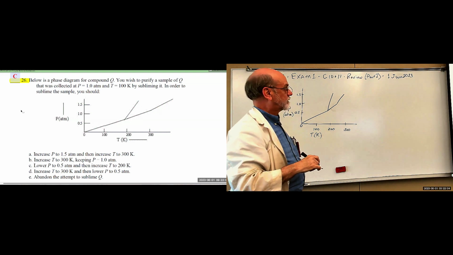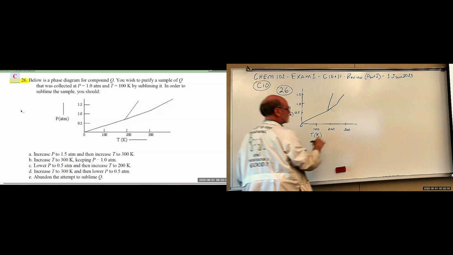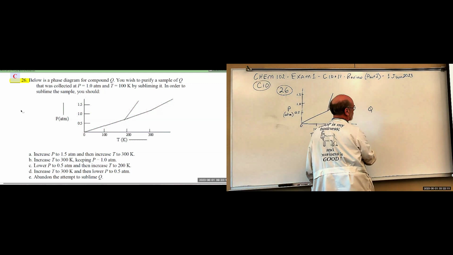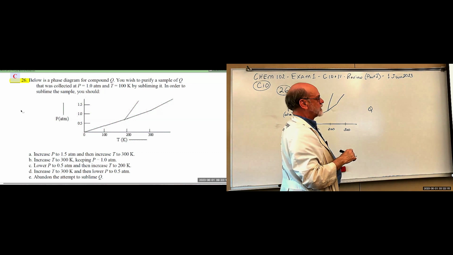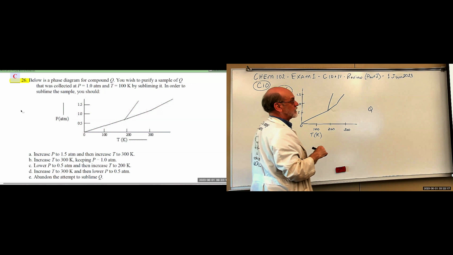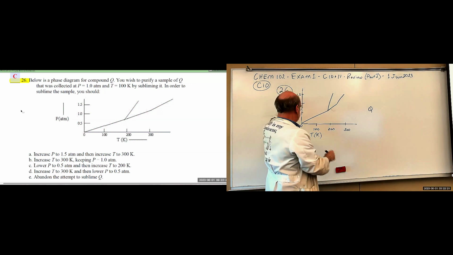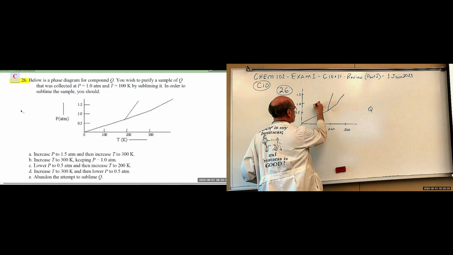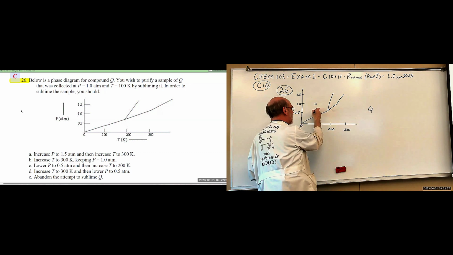What's the question? This compound Q, you wish to purify a sample of Q that was collected at 1 atmosphere pressure and 100 K. So here's where we're starting. That's where the substance was collected as a solid.